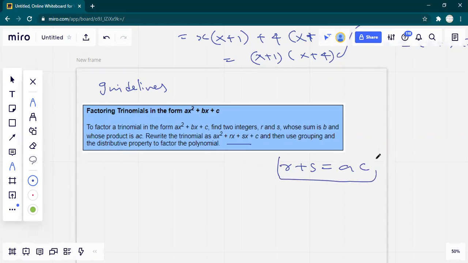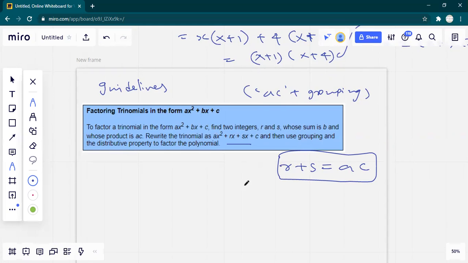This is the only change here, and this method has another name, the AC plus grouping method, because we need the AC instead of C.